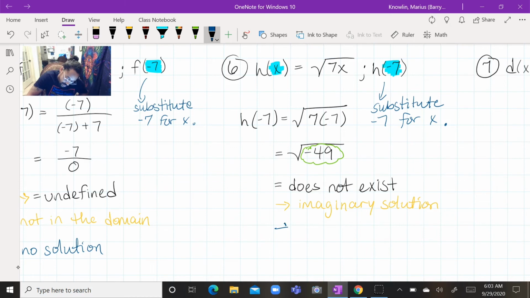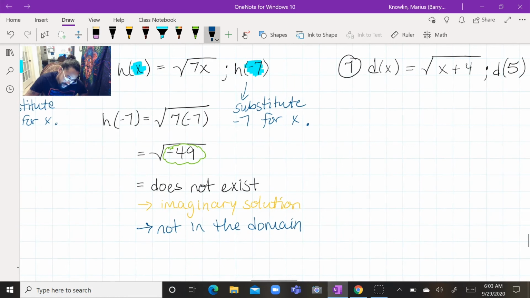Because it does not exist, because it's an imaginary solution, it is not in the domain. Alright? And that would be it. And that's only because we can't take the square root of a negative number. If this wasn't negative, then we could keep going and this would be in the domain. But because it's a negative, you cannot take the square root of a negative number.